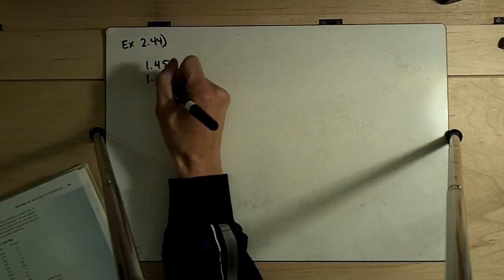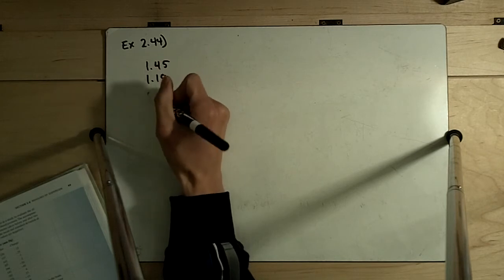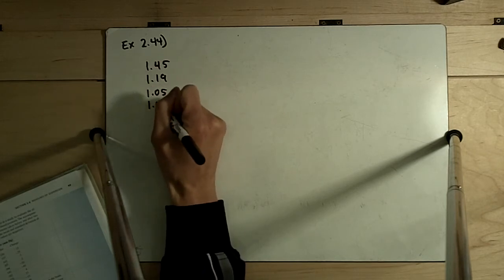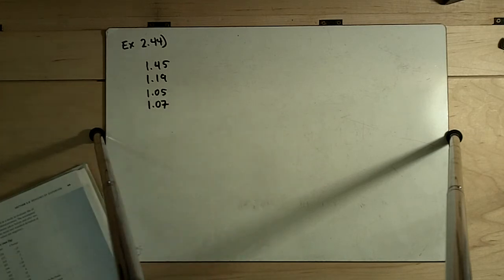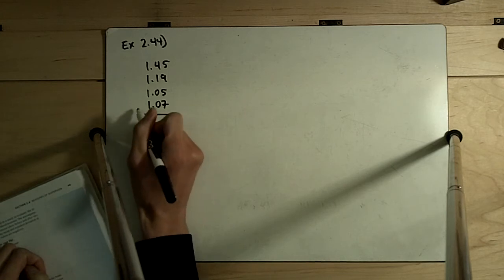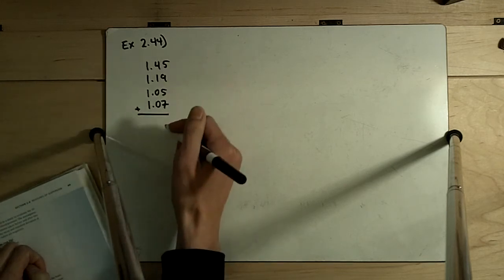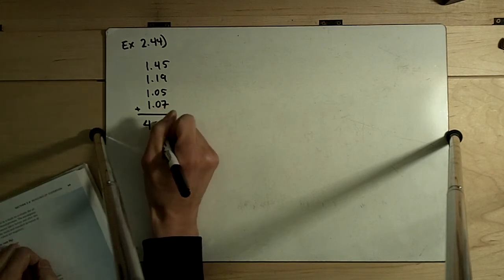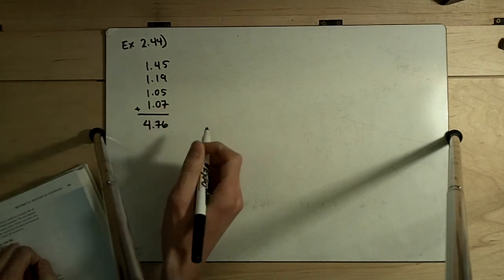1.45, 1.19, 1.05, and 1.07. Part A asks us to calculate the mean and standard deviation. Okay, so in order to find the mean, we add up all of these numbers, and if we do the math, you'll have to take my word for it, you get a total of 4.76.